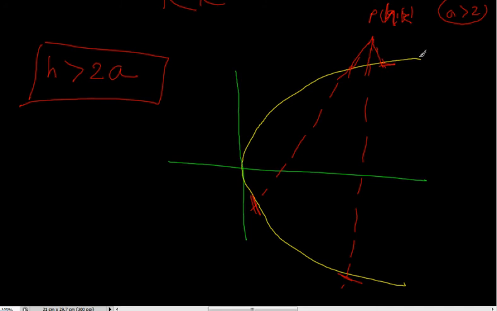What does it mean? If you have H equal to 2A, where A is the point (A, 0), your focus, then 2A will be somewhere here.